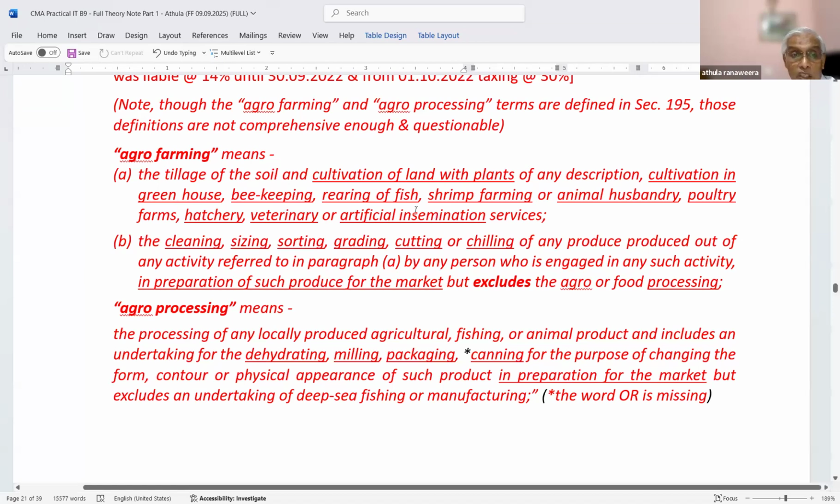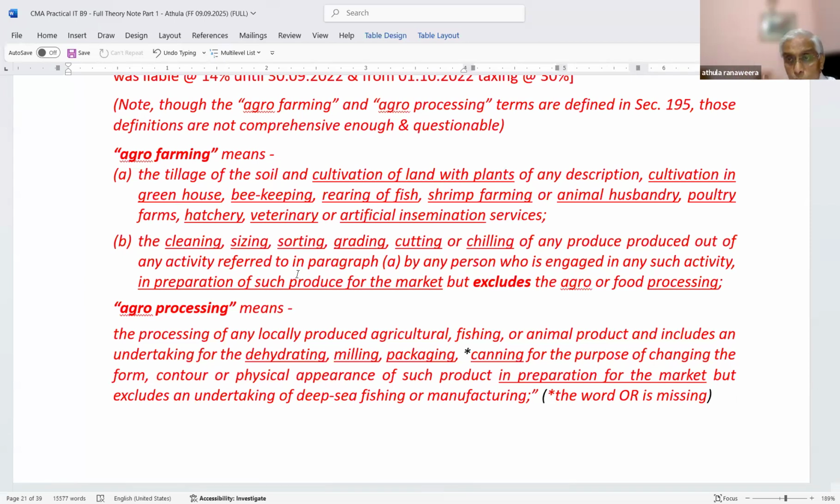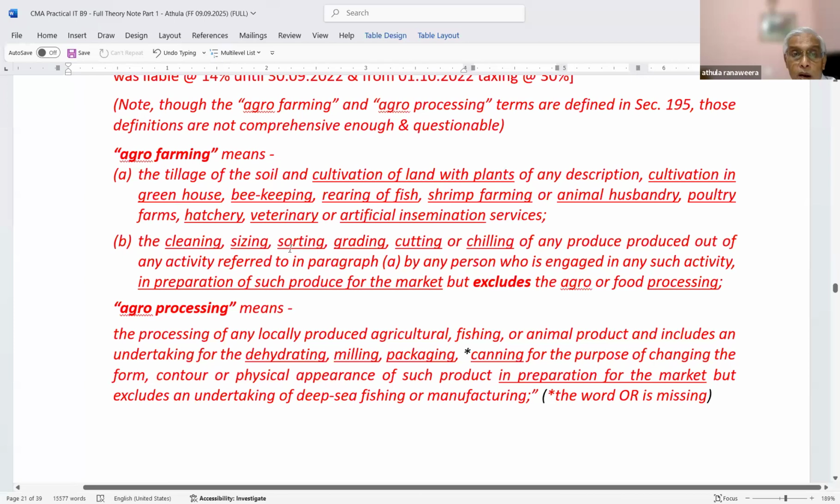Then whatever steps we are taking to change your harvest to suit the consumer market, those activities are also part and parcel of agro farming. Understood? That was the intention.